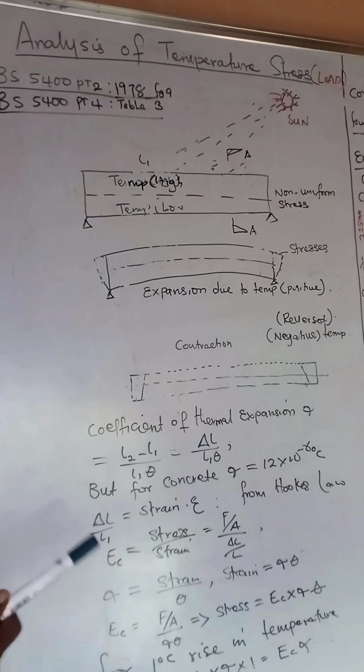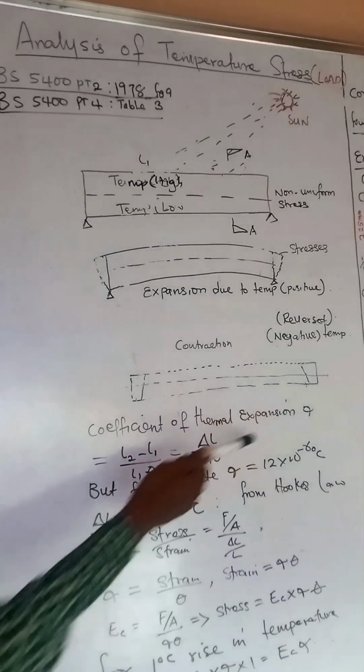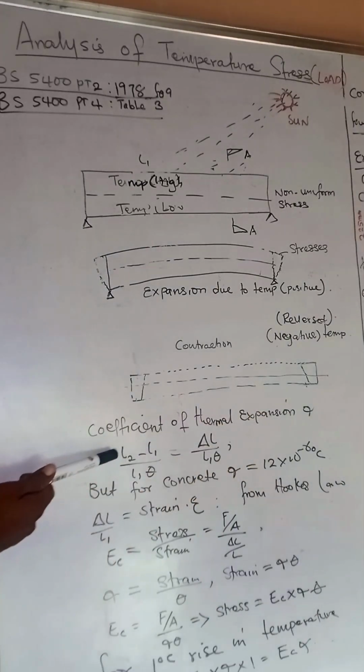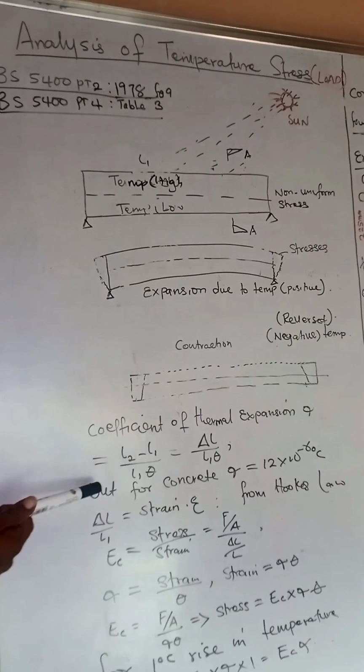All right, now we come to thermal expansion. We know the coefficient of thermal expansion, alpha, we have it as change in length over the original length, divided by theta, where theta becomes our temperature difference, or temperature rise.